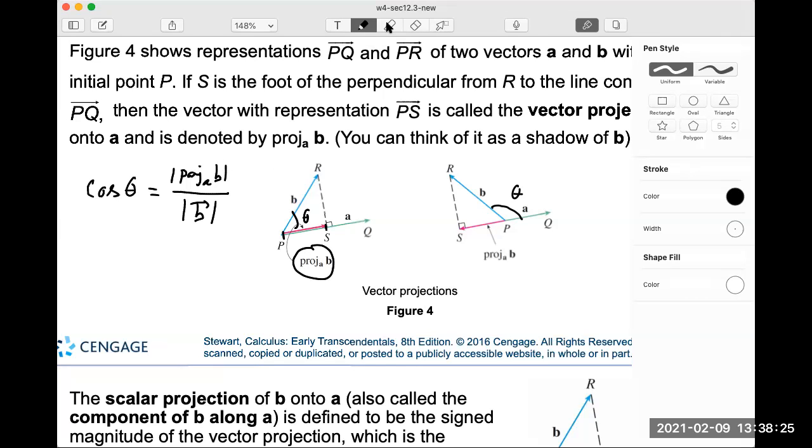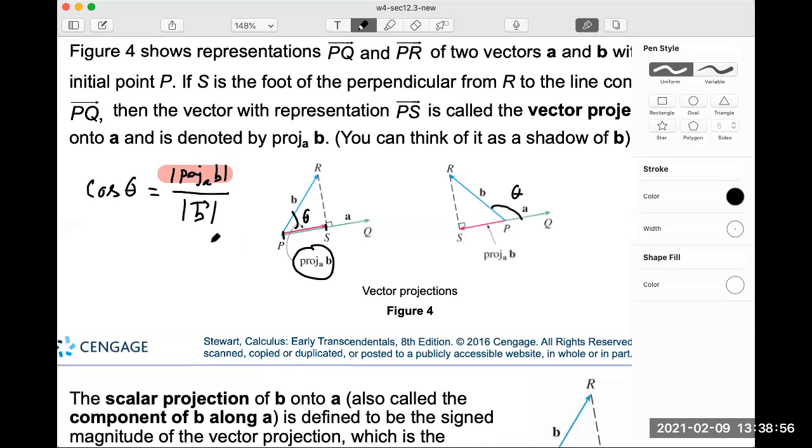And here, this term, the magnitude of this projection vector, we call it the scalar projection of the vector B on the vector A, okay? Just definition. Then, how to compute if vector B is given? Can we find the magnitude of vector B here? Yeah, it's easy, right?